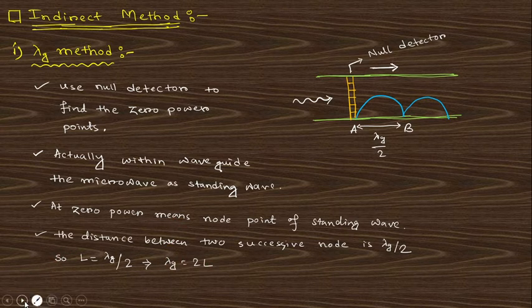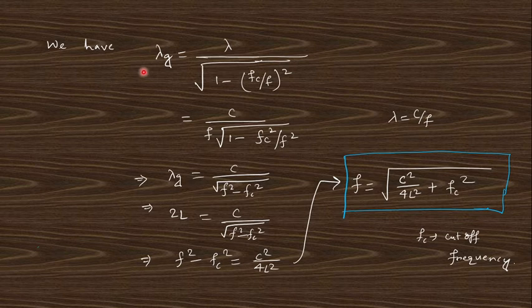We know lambda g is related with lambda by a relation from the transmission line expression. You can go through this in the very beginning, the first chapter, I think.